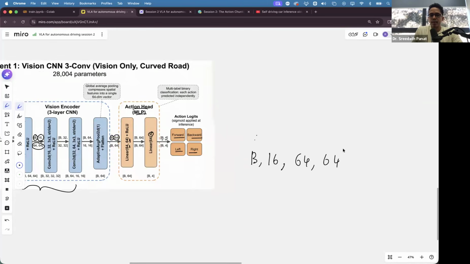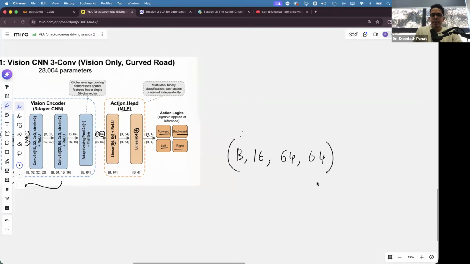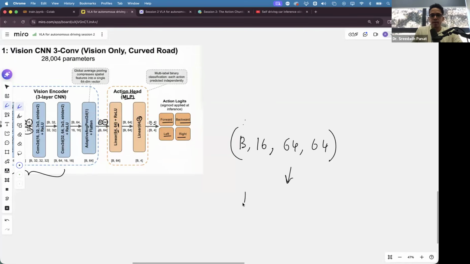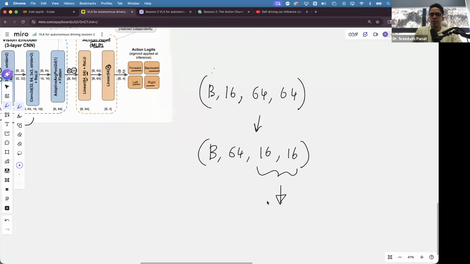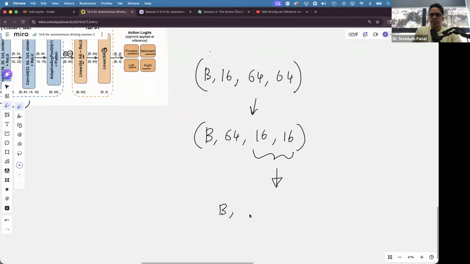Then we converted this into B, 64, 16, 16 in the last layer. And then we did global average pooling of these two dimensions to convert this into B, 64. This is what we did.